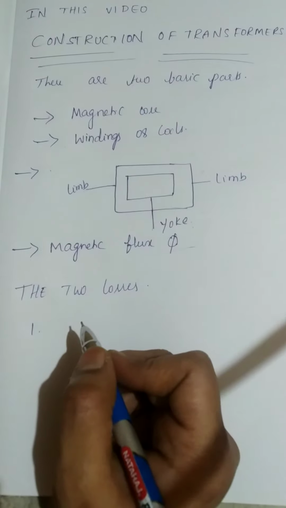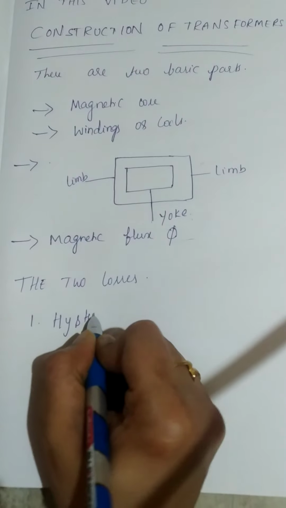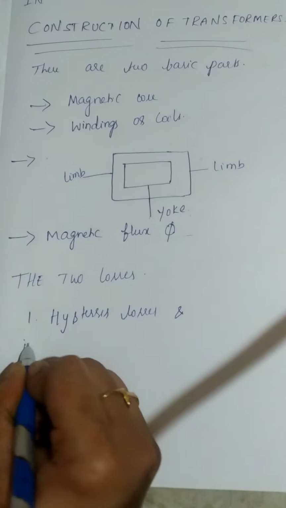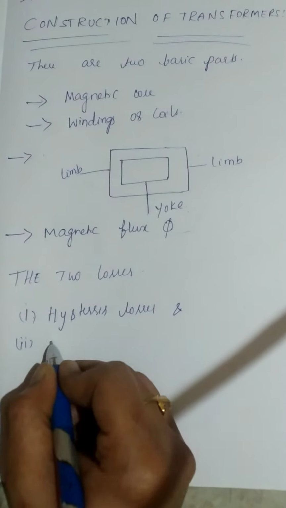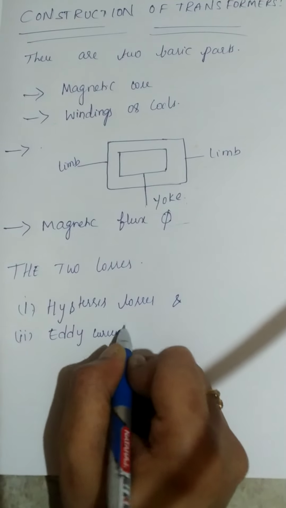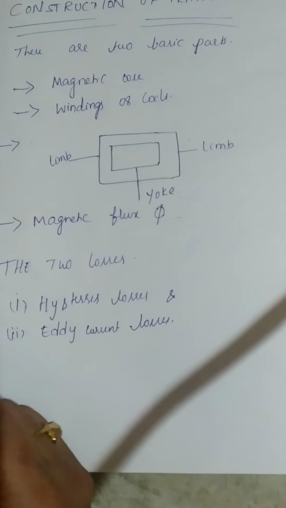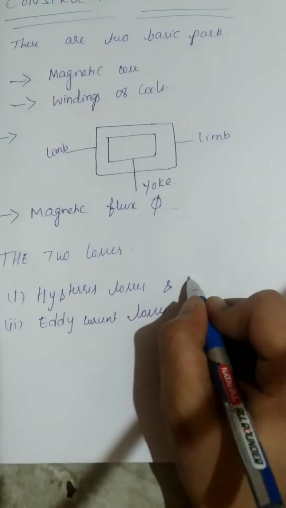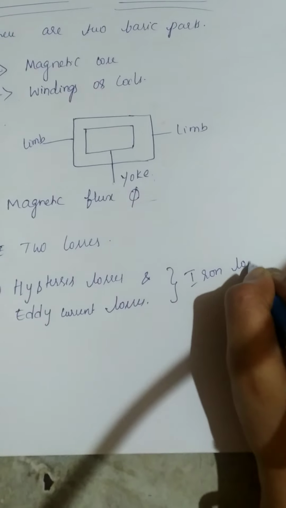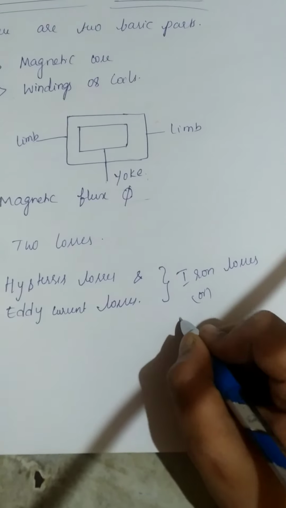Those losses are hysteresis losses and eddy current losses. Let's discuss these both losses. These both losses together are called iron losses or magnetic losses.